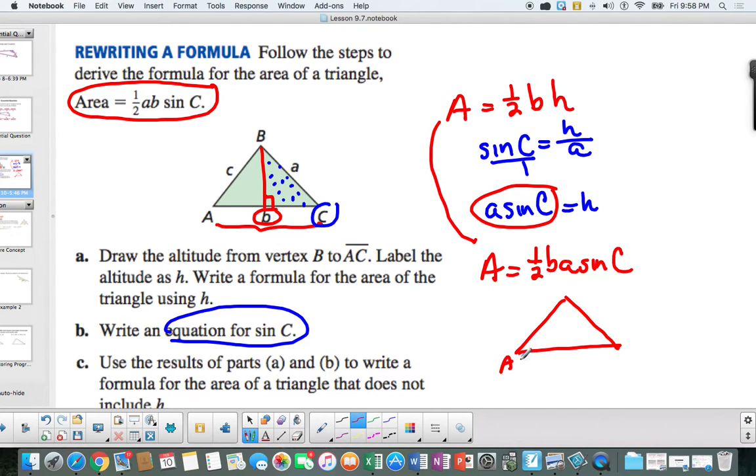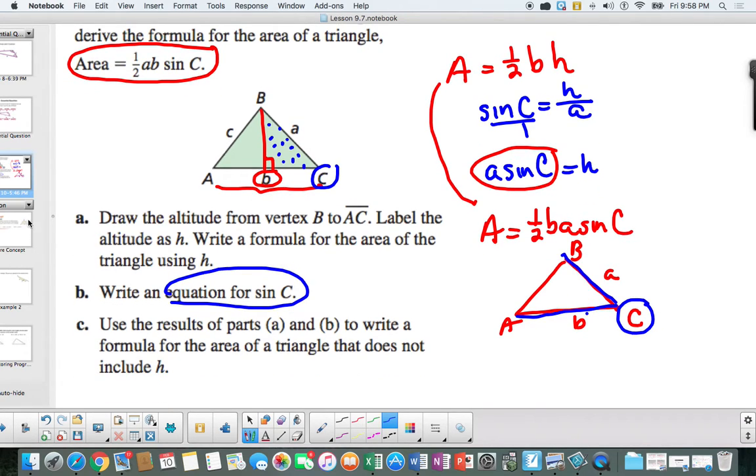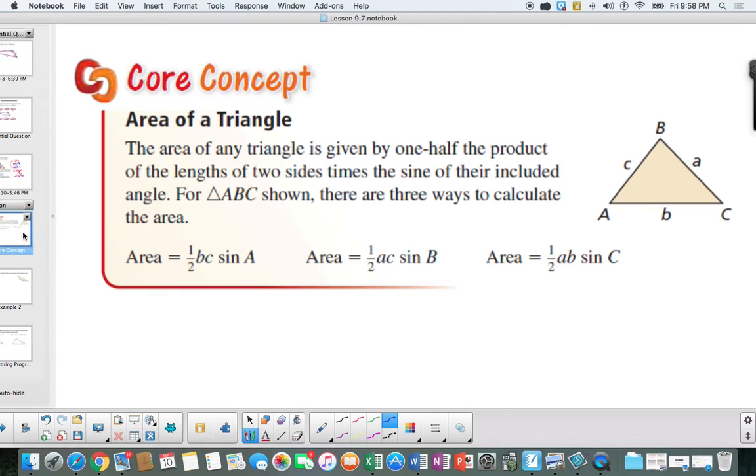It was A, B, C, and this was a, and this was b. And so this formula really says in words, take 1/2 a side times another side times the sine of the included angle. And that's what our next theorem is going to say.